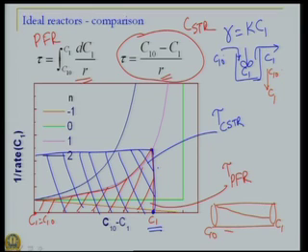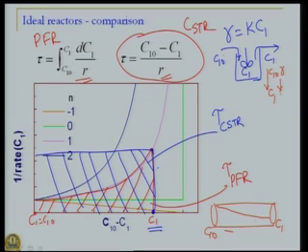Now, what happens to the rate? The rate also drops down instantaneously in the stirred tank reactor. It drops down more gradually in a plug flow reactor. So, in a plug flow reactor, reactions are occurring at a rate higher than that at the exit for the entire duration of the reactor.